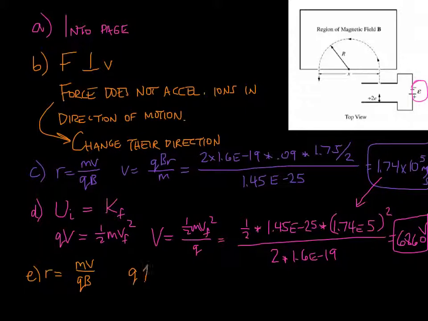As q goes up, the radius of the path will go down since they're inversely proportional, which means that x, the exit distance, will also go down. So the answer to check is that it is going to be less than.